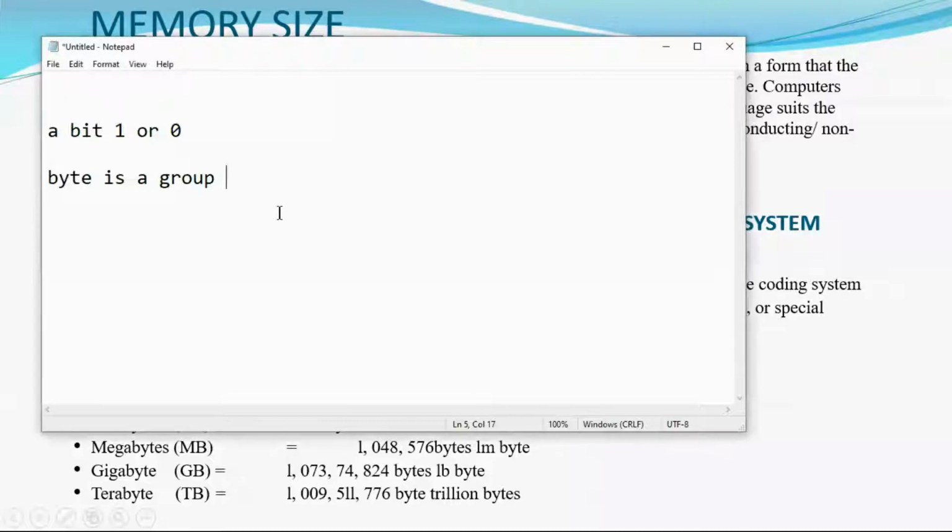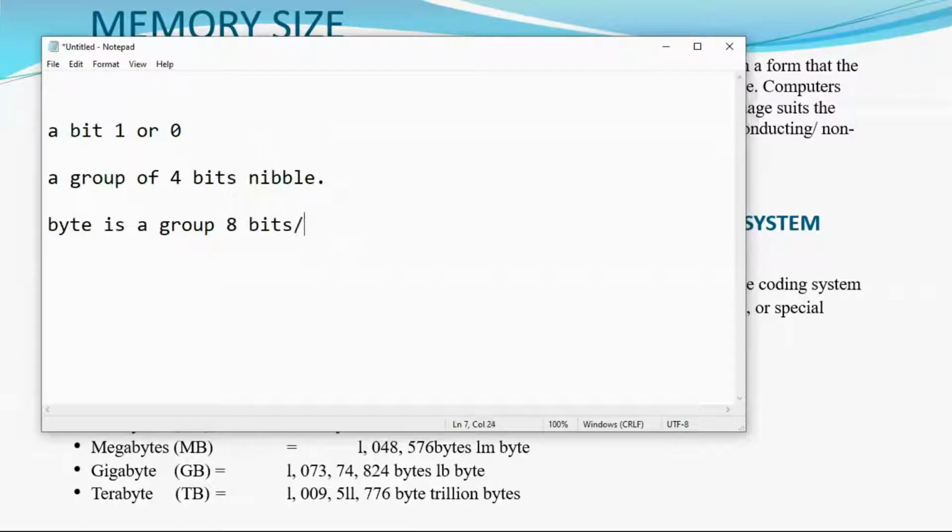So we have said a byte is a group of 8 bits. Okay, so if there are 8 bits, that makes what we call a group. But in between 1 byte and 8 bits, we have also a group of 4 bits, which is what we call a nibble. So we must get some of these words.